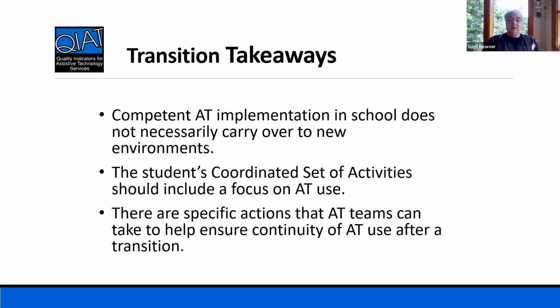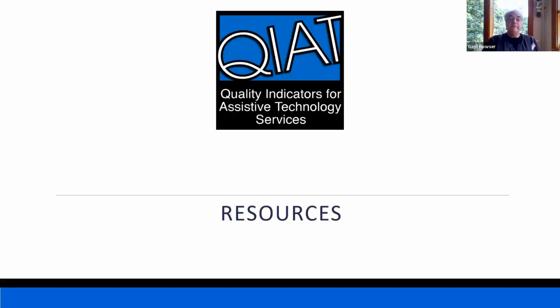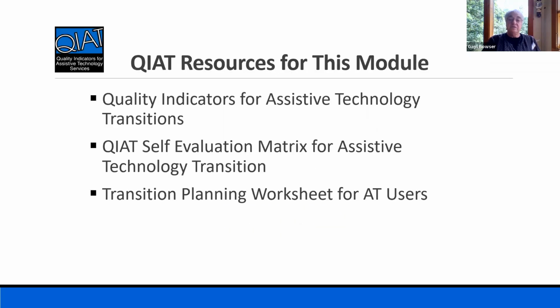In order to do that, there are specific actions that AT teams can take to help ensure that continuity of AT use after a transition. And hopefully you've gotten several ideas as we've talked today about the kinds of actions that you might take as a team. We have a bunch of resources for you.